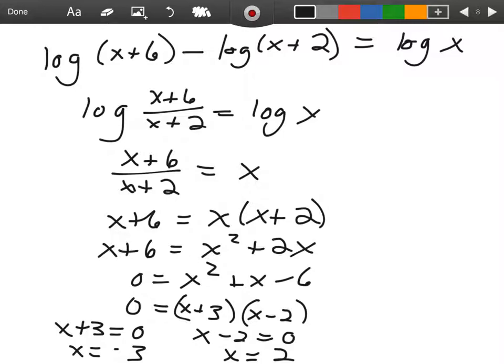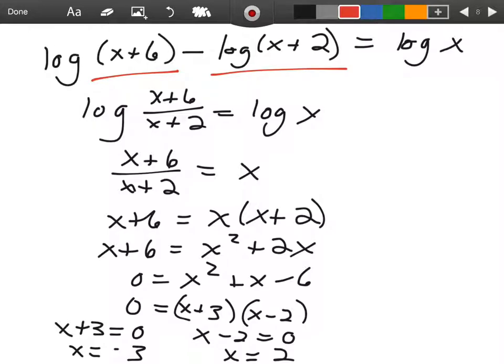Now, when we first talked about logs, I said that the domain of logs is always positive, always greater than 0. So we need to check and see if either one of these is going to make us take a log of something that's negative or 0.